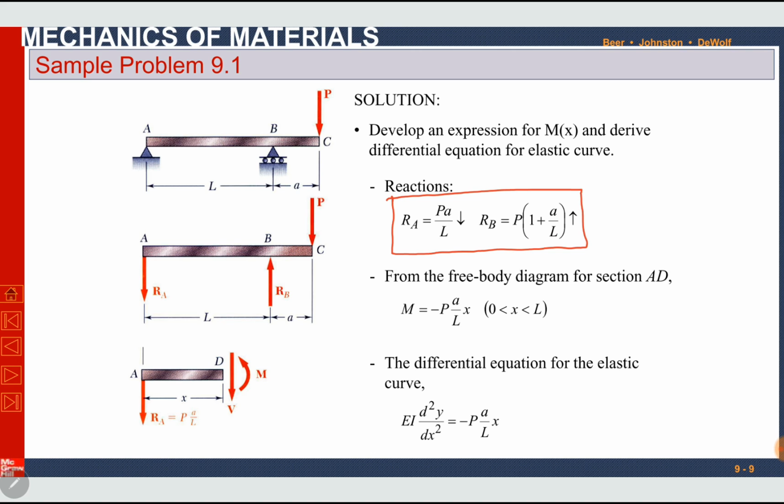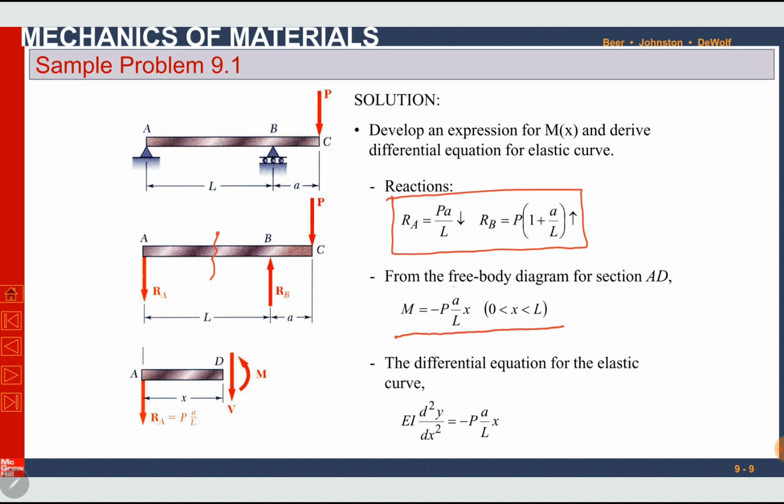Now, by sectioning the beam between points A and B, we have this section, and we can calculate the moment, which will be minus PA divided by L times x. This x is between A and B, so it is between 0 and L.